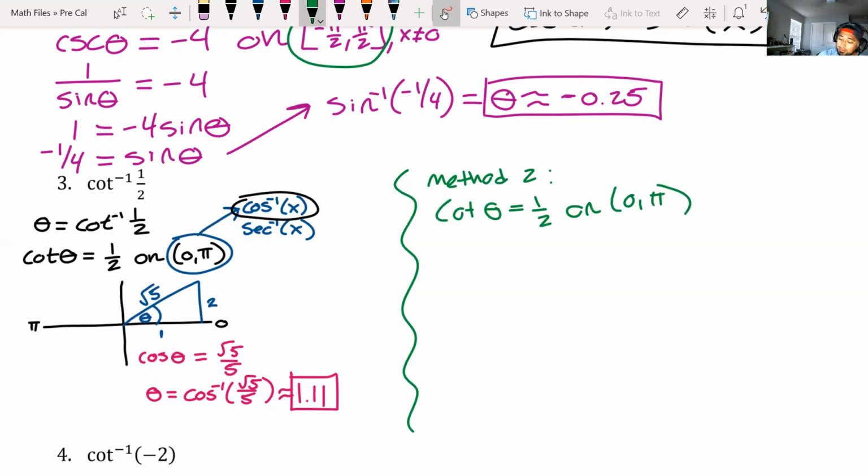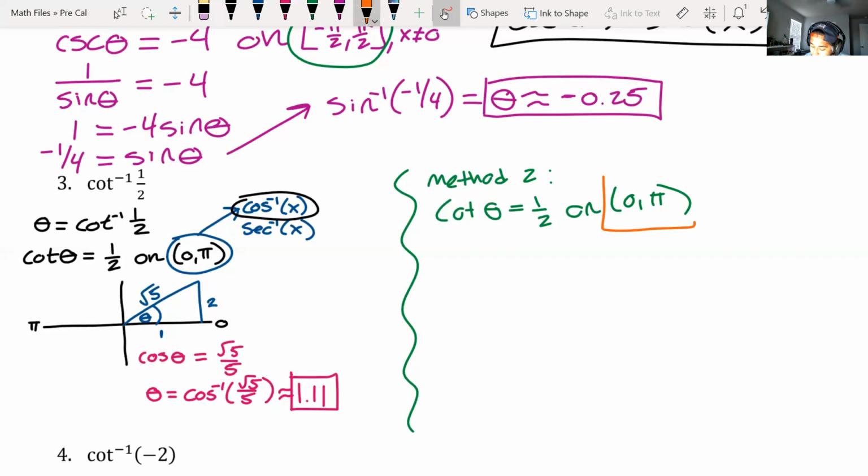If you think about reciprocal and identity functions, cotangent is the reciprocal function of what? Tangent. Yeah, tangent.